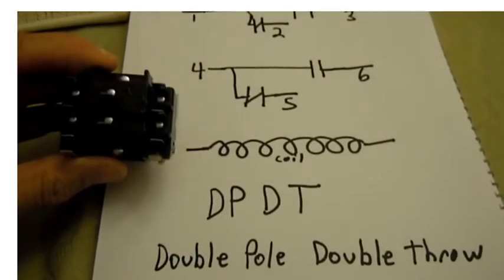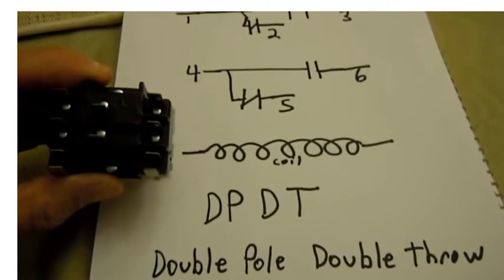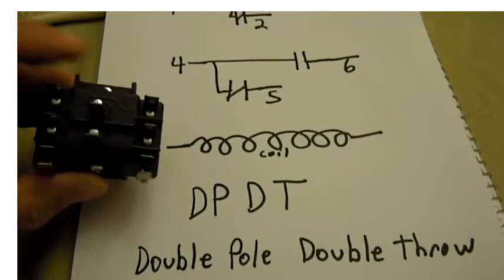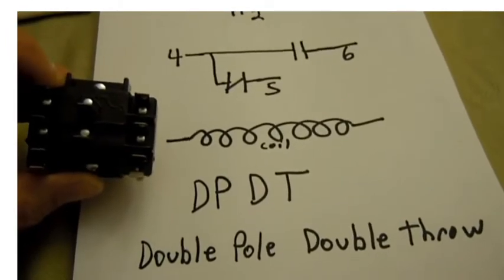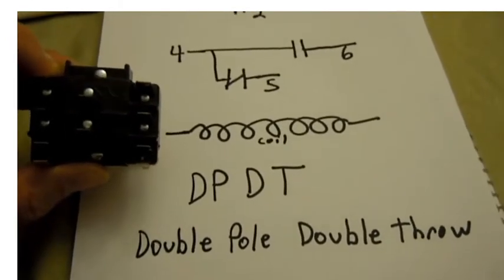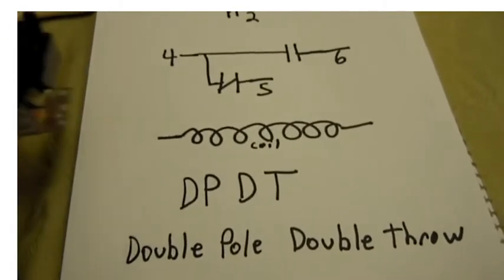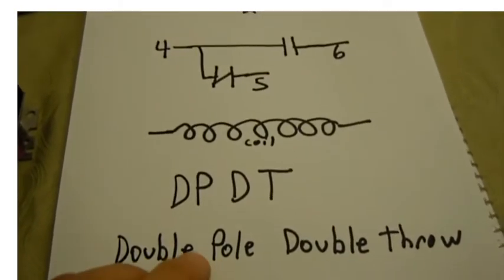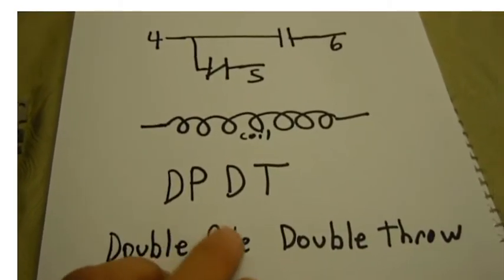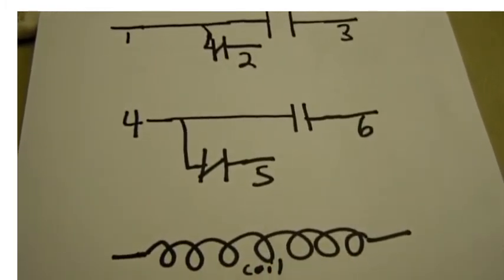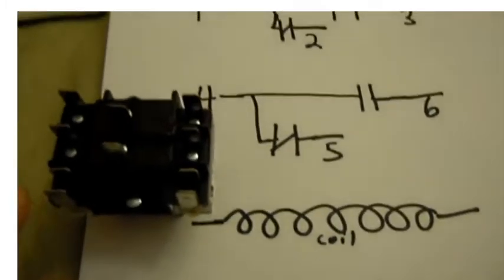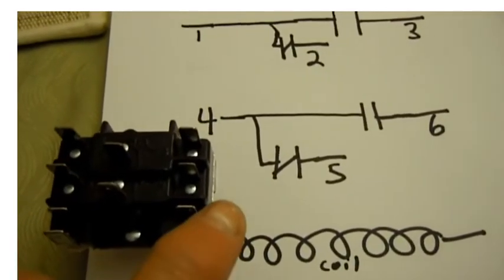Okay, now just as a review, to show you again the type of relay that I showed you in another one of my videos, which is the 8-pin. That was the double pole, double throw. Of course, your coil voltage will connect right here.